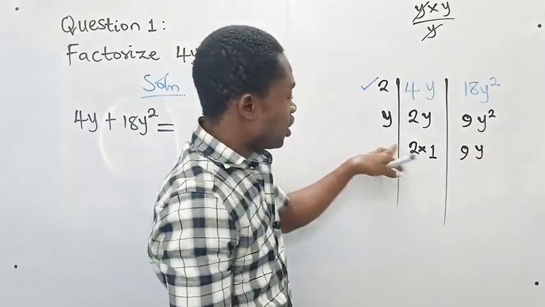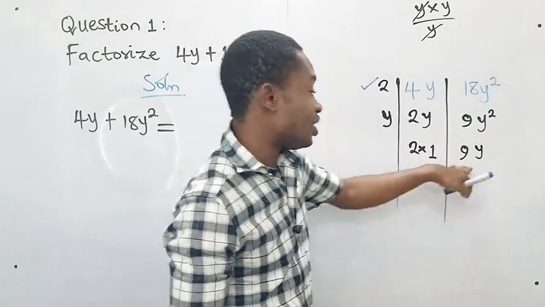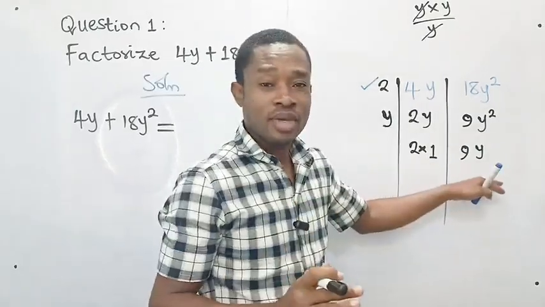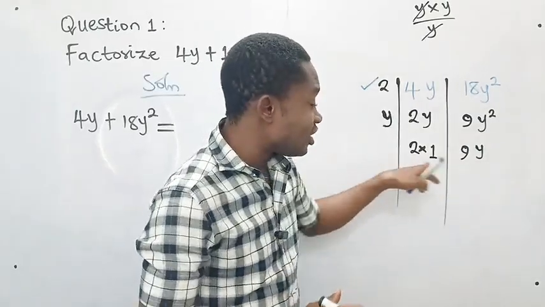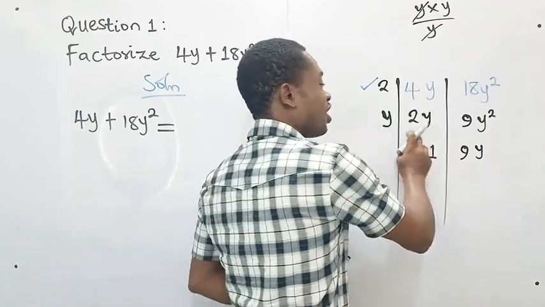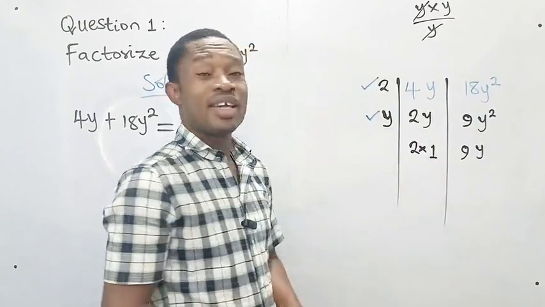Now, if you look at this term, there is no other alphabet that can divide this term here and divide this one. No other alphabet. So no common alphabet can divide them. And no common number can divide these 2 terms here. So you are done dividing. Since this y divided these 2 columns, we have to take note of it. This will make up our HCF.